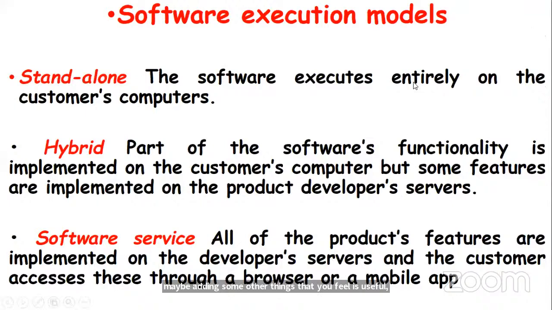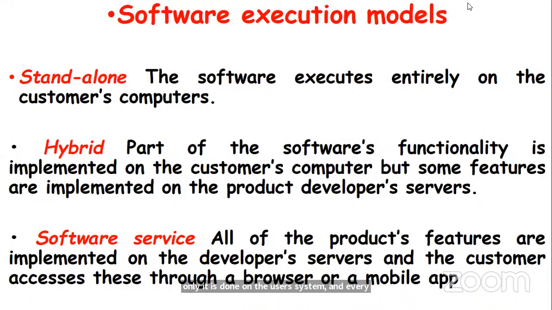Software execution model. We have the standalone, where the software executes entirely on the customer system. Once developed, it is installed on the user's system, and everything works on that system.